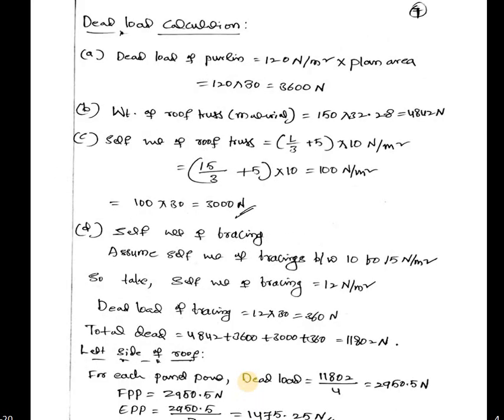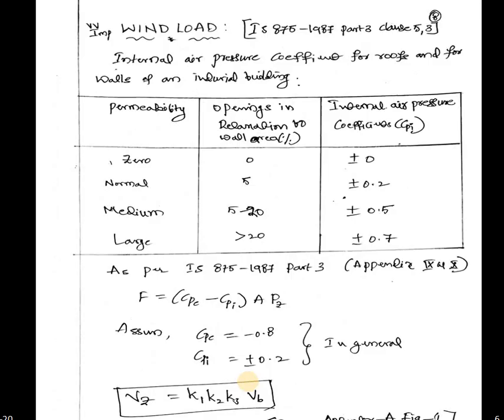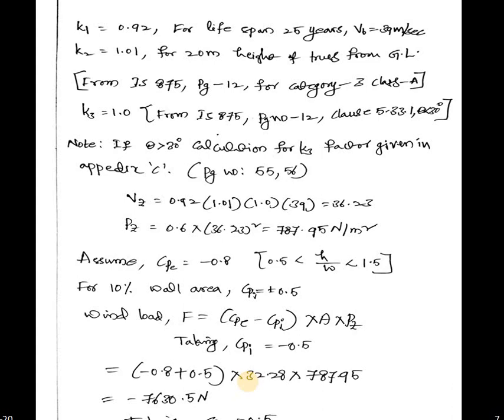Now, if it is less than 30 degrees, this K3 is equal to 1. If it is greater than 30 degrees, again this K3 value will change. Now coming to Vz, what is the formula for Vz? Vz is equal to K1 into K2 into K3 into Vb.